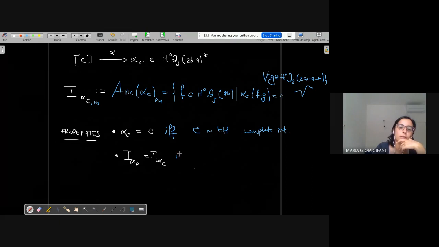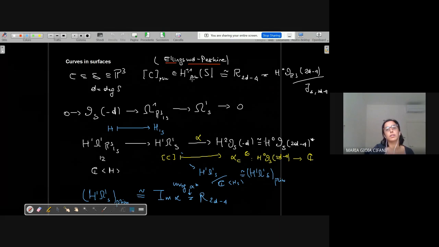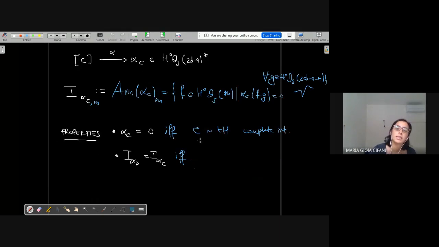And another important thing that we can prove from the way we define this isomorphism and this sequence is when two curves define the same ideal, and we will use it later.